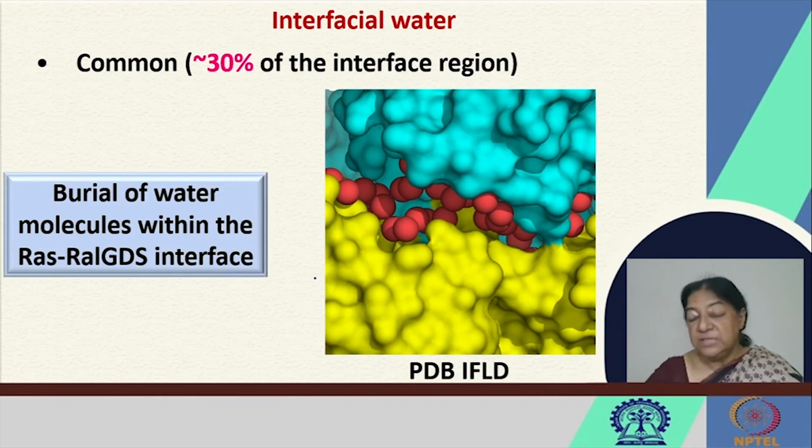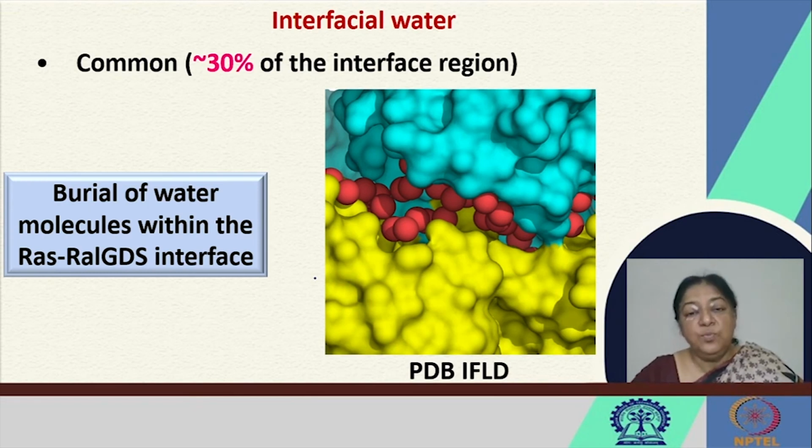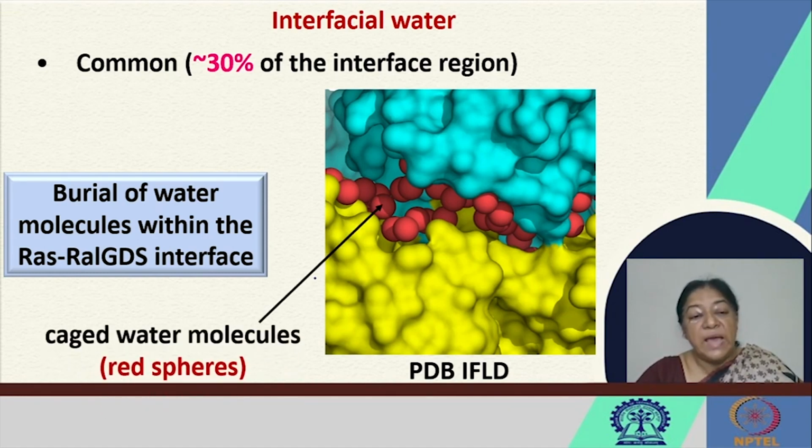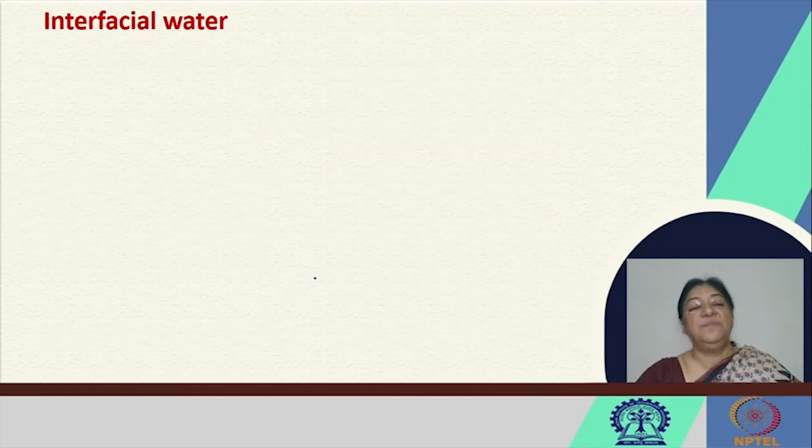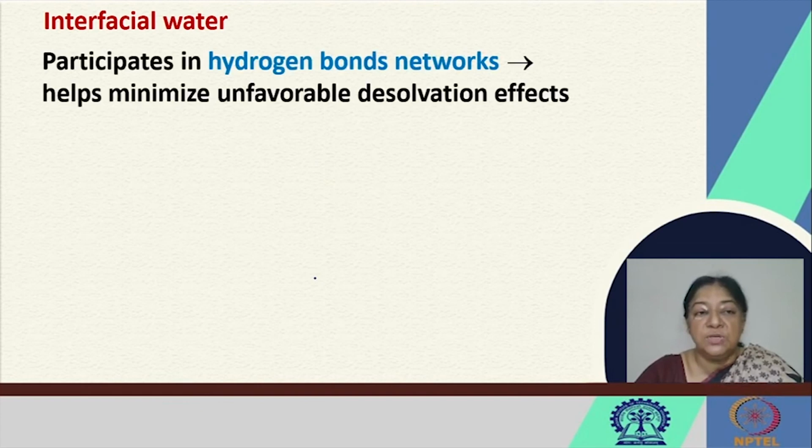So what we see is, because there are hydrophilic residues on the surface that would be solvated, the interfacial water also remains, with the caged water molecules or the red spheres trapped in the protein-protein interface. So we have an apoprotein where we have this specific interfacial water.